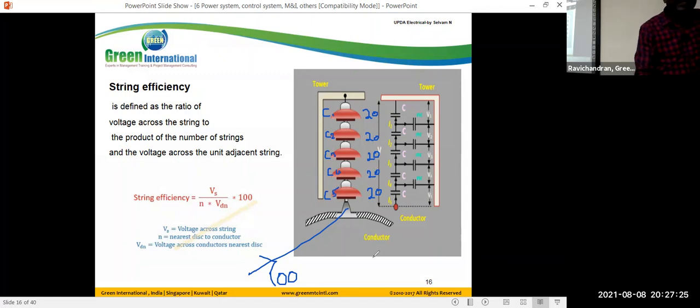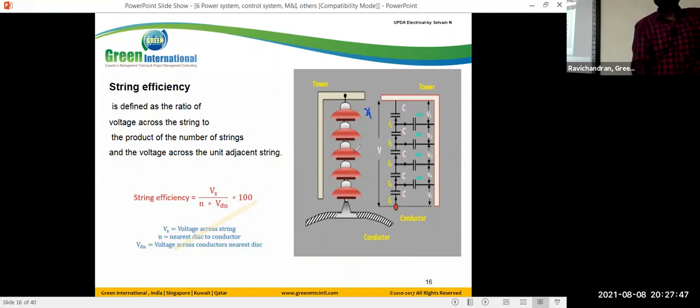So the answer is 100 divided by 5 into 20, so we get 100% efficiency. But practically we are not able to get 100%, because if the capacitance is different, here it is 21 like this. They have different values.